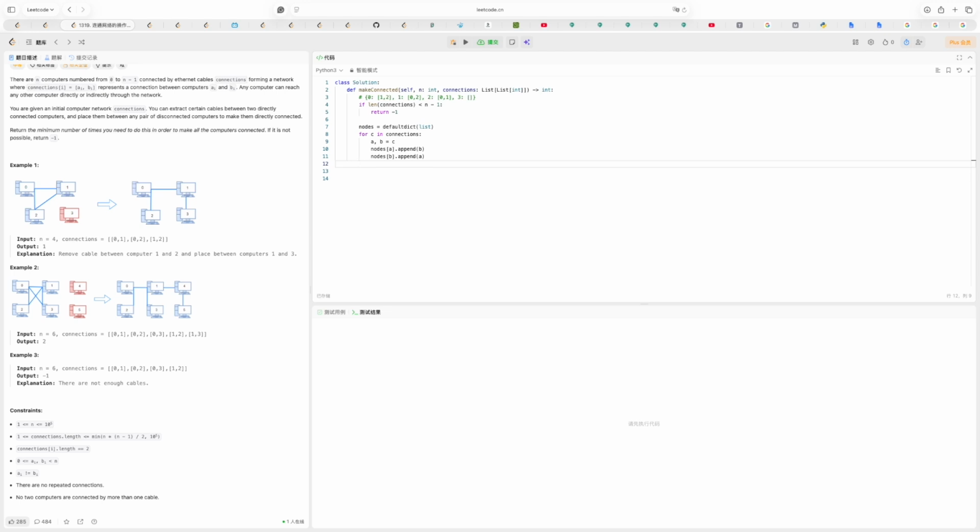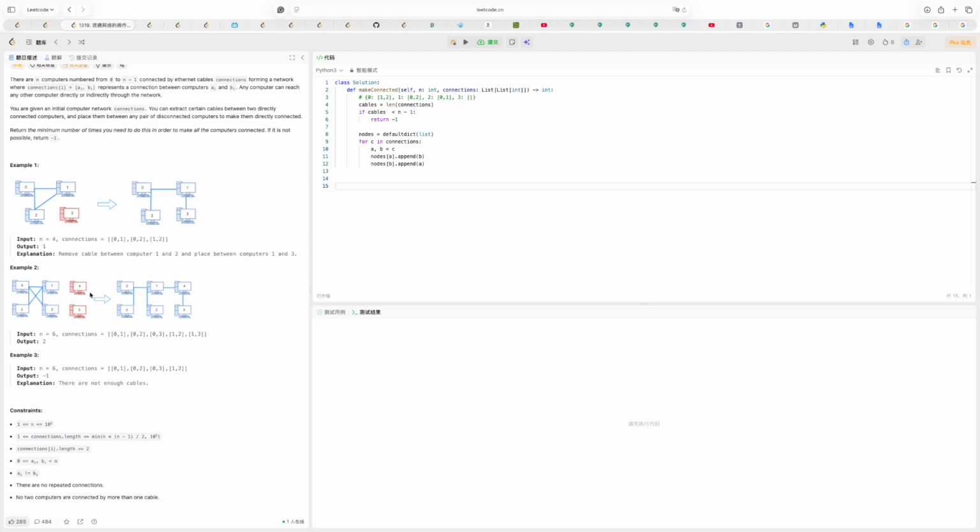That means how many cables we have. Okay, we have cables, and now we know how many computers are lost.